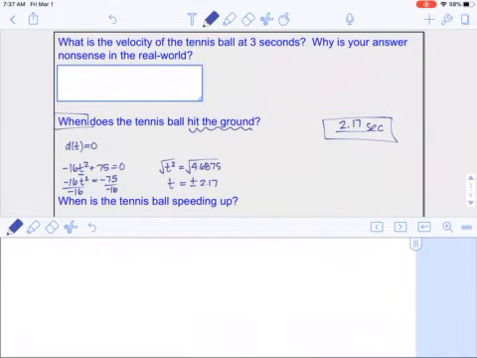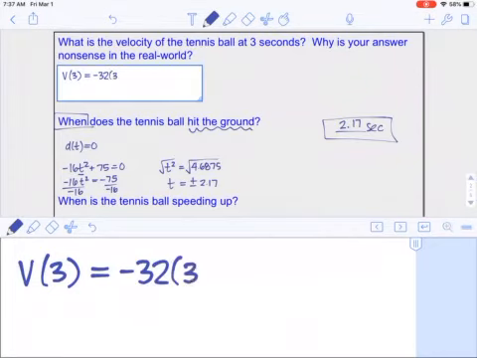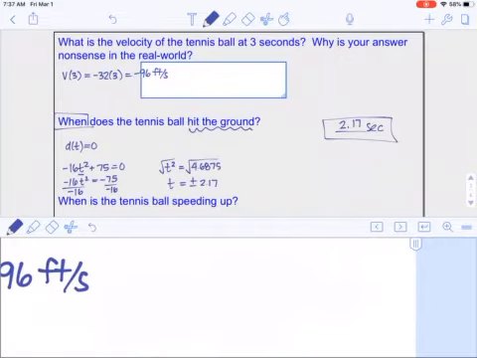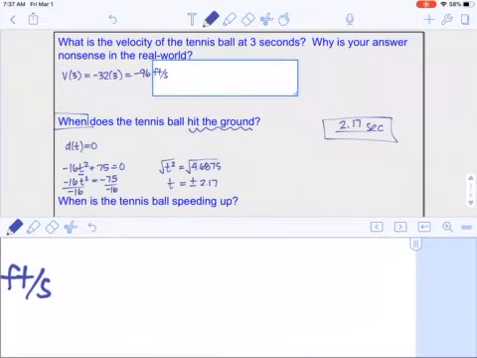So if I go back up to this one and ask, what's the velocity at 3 seconds? Well, I'm plugging 3 into my velocity equation, and I get negative 96 feet per second. The problem is that I know the ball hits the ground at 2.17 seconds, so asking about velocity at 3 doesn't really make sense. One way to show that is, what is the position at 3 seconds?